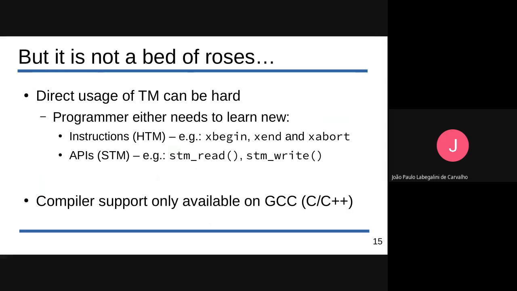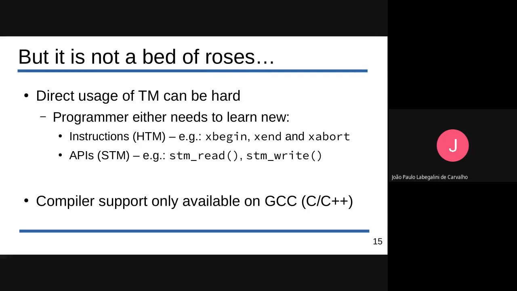However, transactional memory also has some issues. One of them is related to how you use transactional memory. Today, it's quite hard to use transactional memory because programmers either need to learn new instructions that are available on commodity processors, or they need to learn APIs to explicitly add calls to transactional memory libraries.